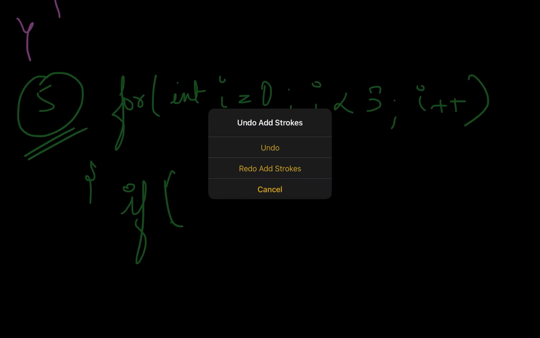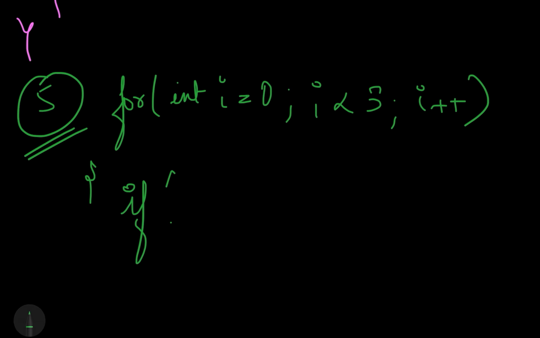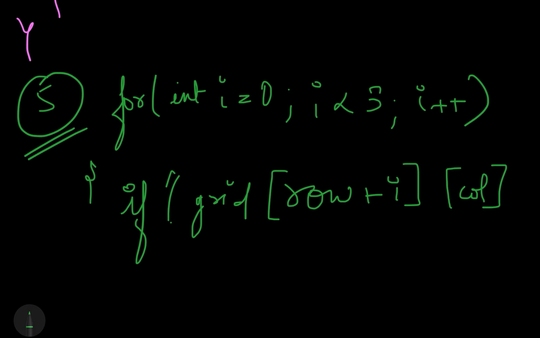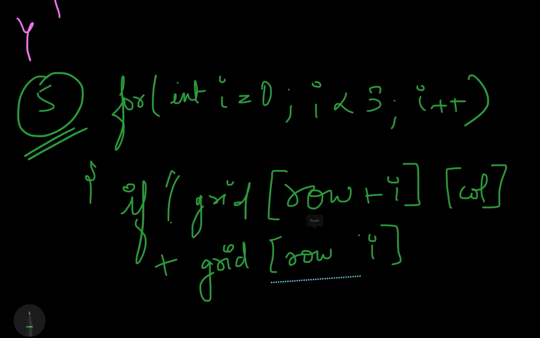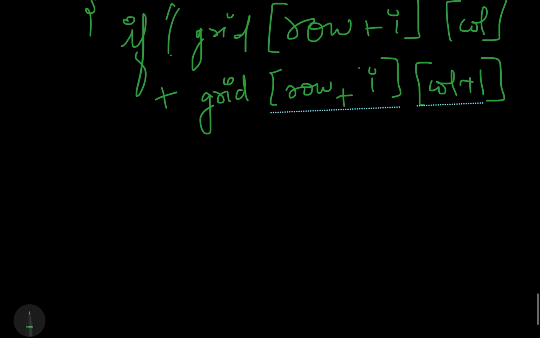If grid of row plus i and column plus grid of... basically what we are doing here, we are checking whether the sum of all the rows is the same, which is equal to 15.